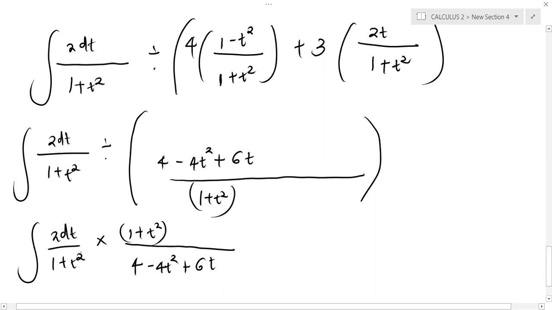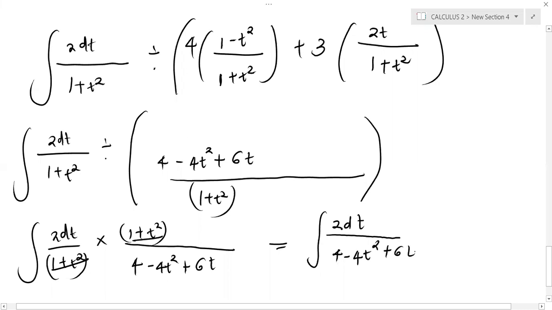So this and this cancel out, so that I remain with the integral of 2 dt, all this divided by 4 minus 4t squared plus 6t.